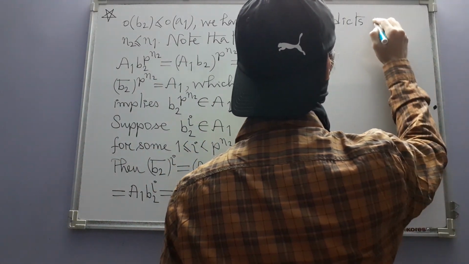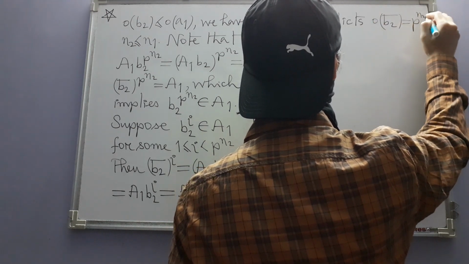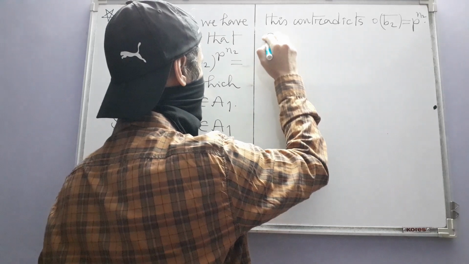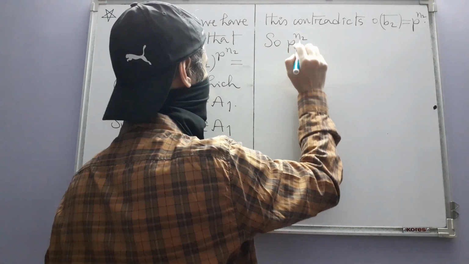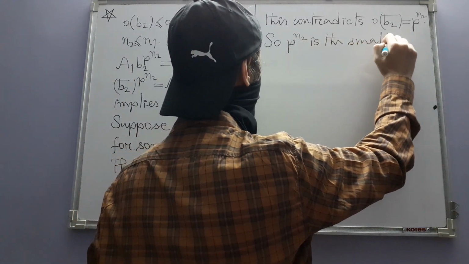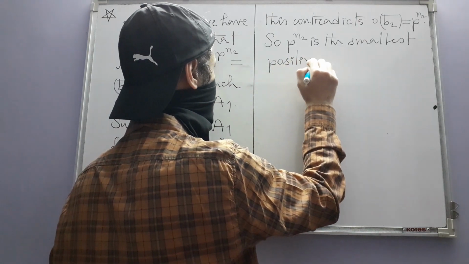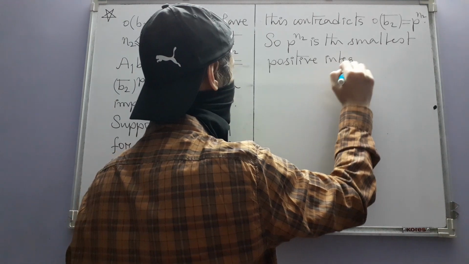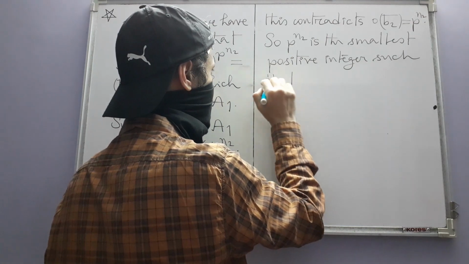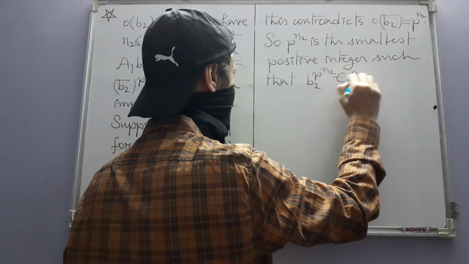But this contradicts this statement, p to the power n2. So, p to the power n2 is the smallest positive integer such that b2 to the power p to the power n2 belongs to a1.